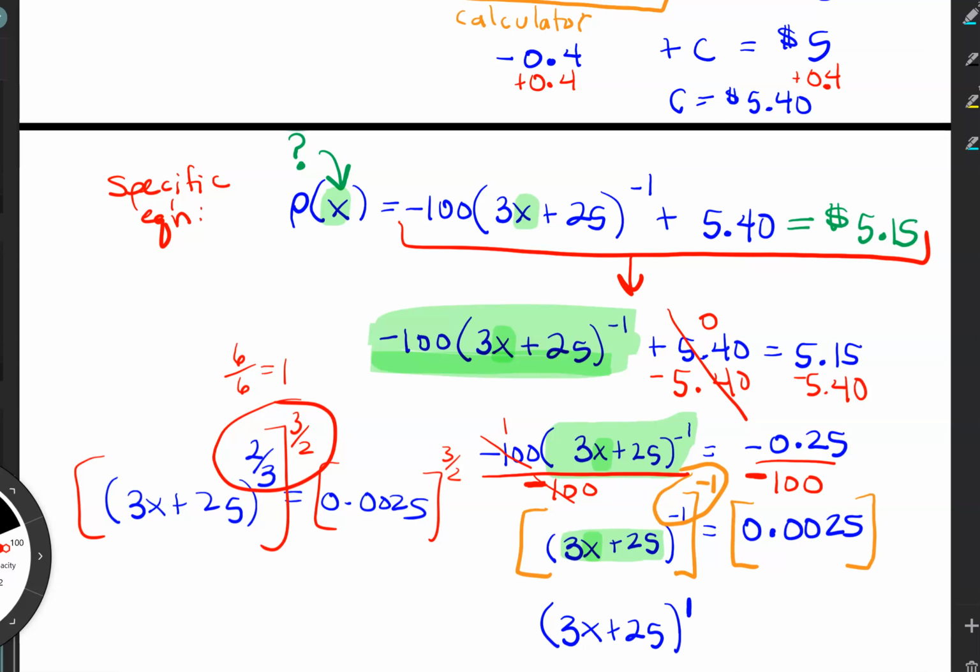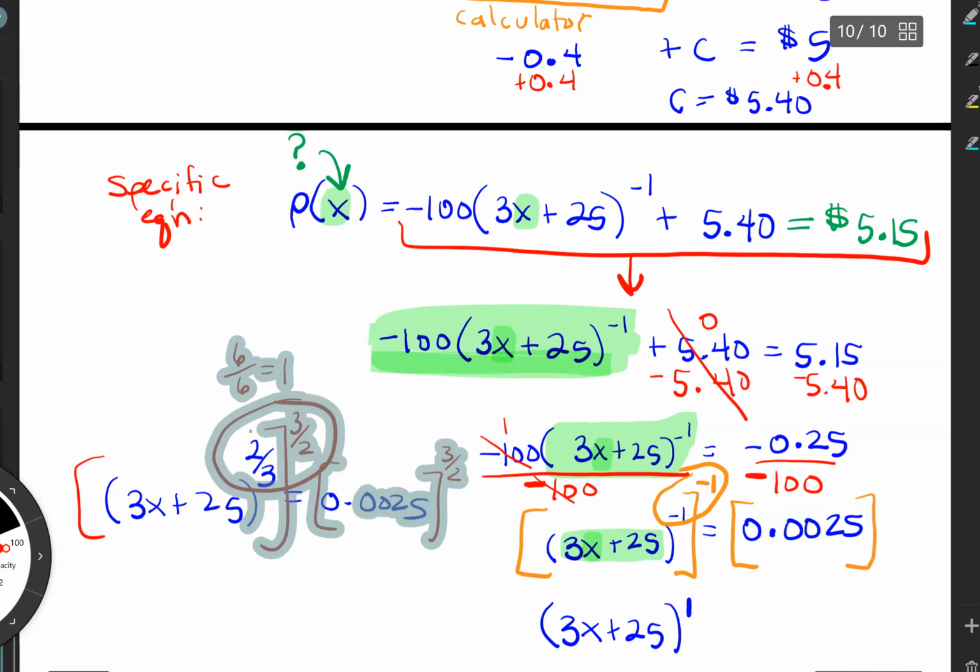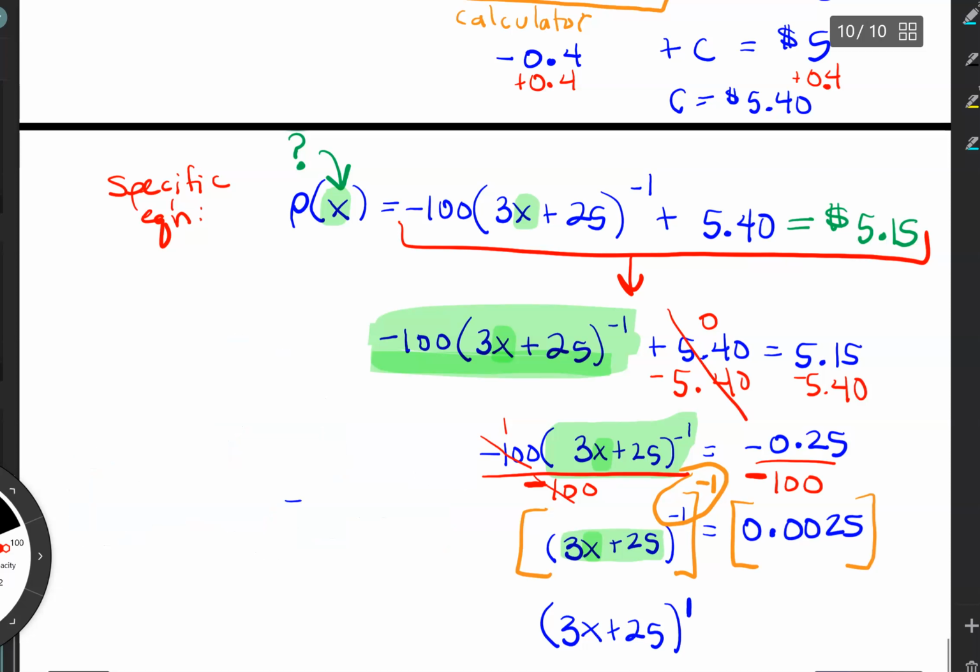This one's just a little bit weirder because the reciprocal of negative 1, if you make it a fraction and flip it around, is still just negative 1. But since you can raise it to any power you want, raise it to the reciprocal, and it'll create that 1 exponent there. It's a little algebra trick that we use a lot to simplify this. There are other ways to do it, but that's the easiest way.